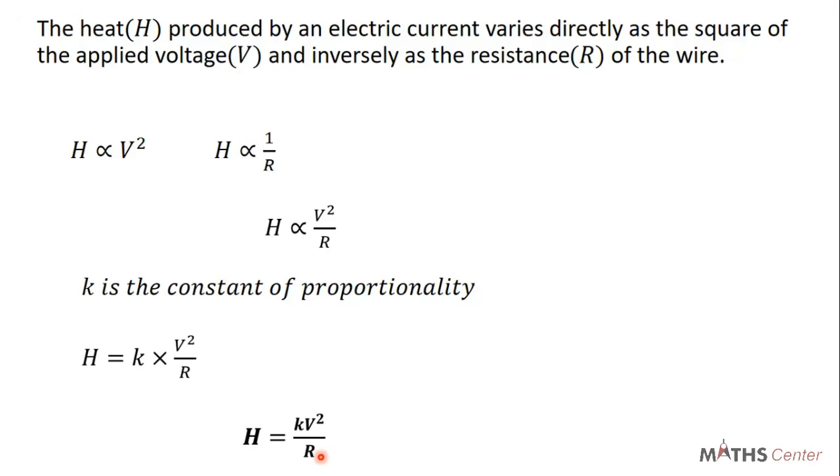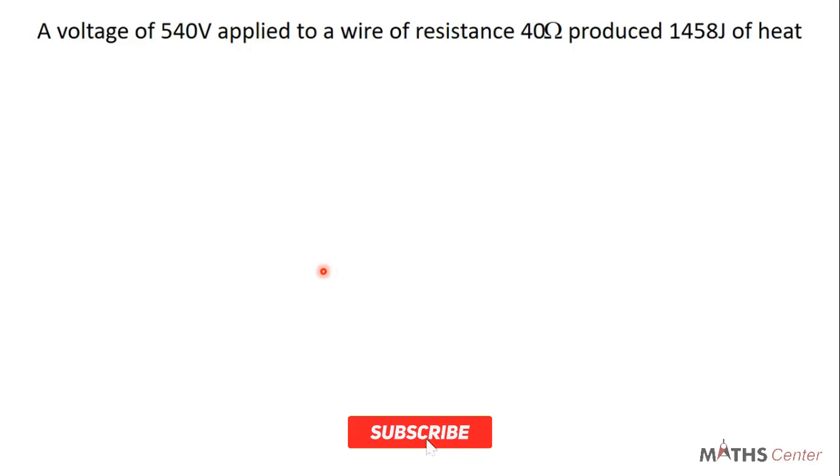The first part of the question said we should find an equation or expression connecting H, V, and R. So that means that we need to find the value of K. How do we do that? We were told in the question that a voltage of 540 volts applied to a wire of resistance 40 ohms produce 1458 joules of heat.